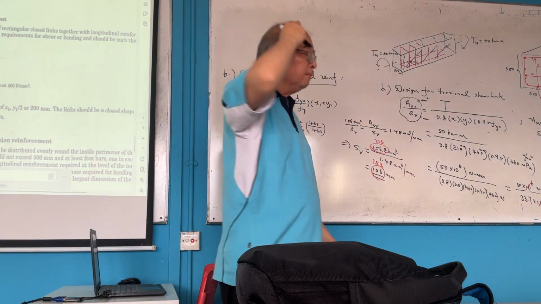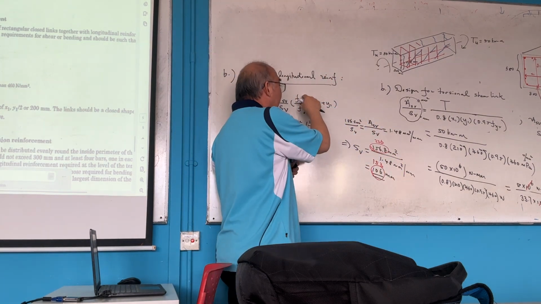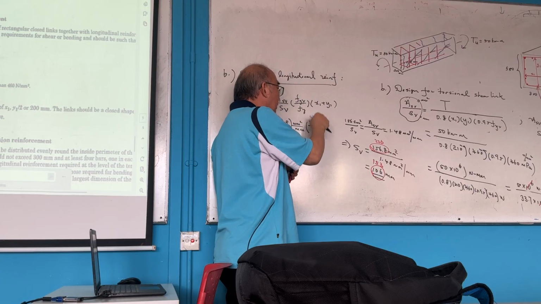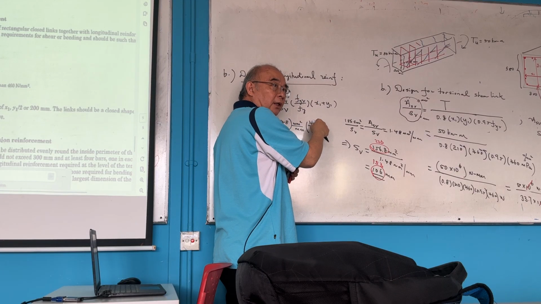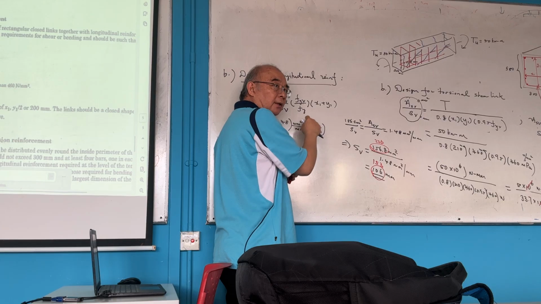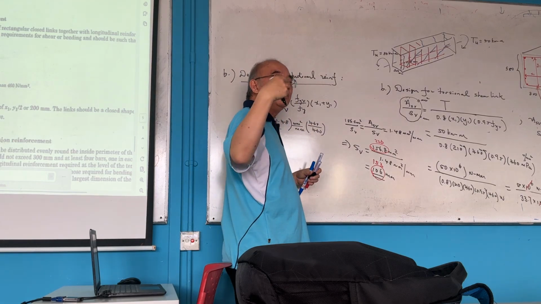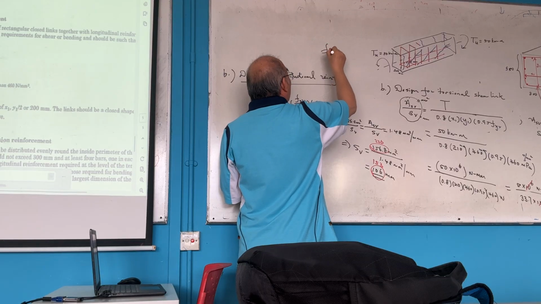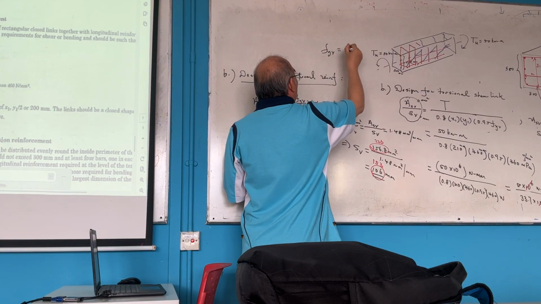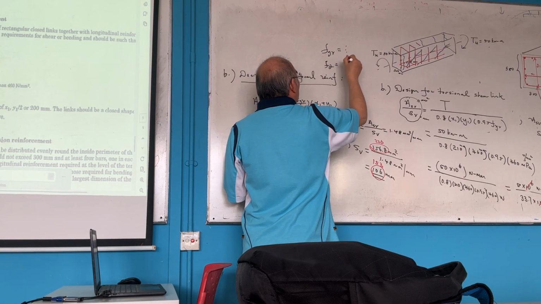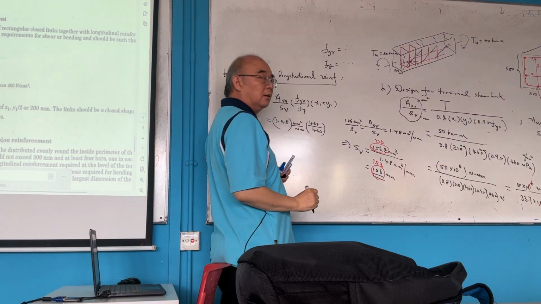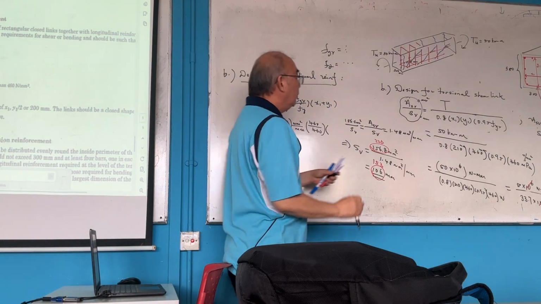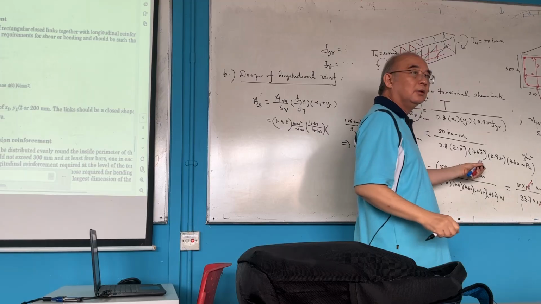Sometimes in British code, FYV could be 250. But the problem will tell you, because in the problem, I will give you the FYV and FY.